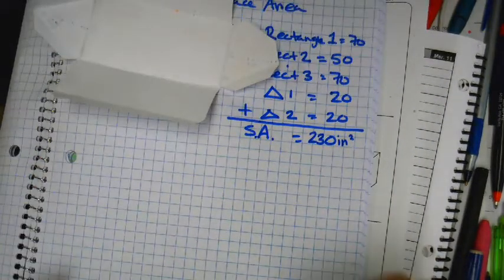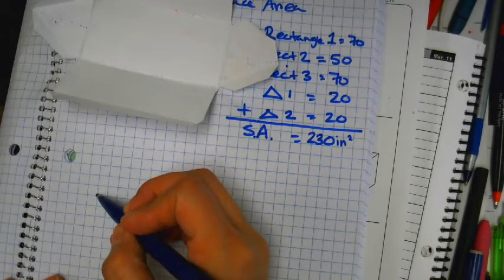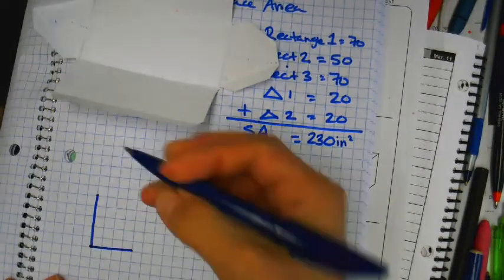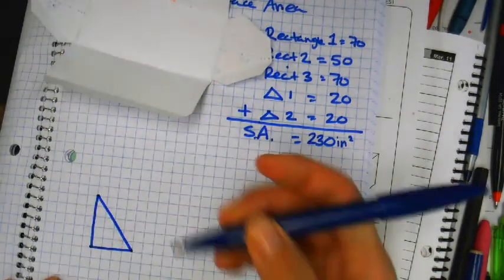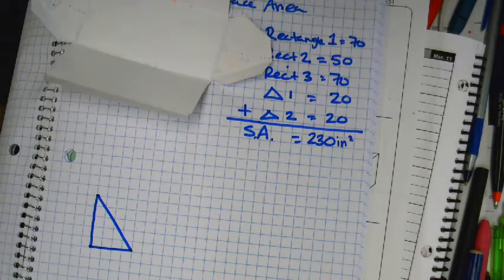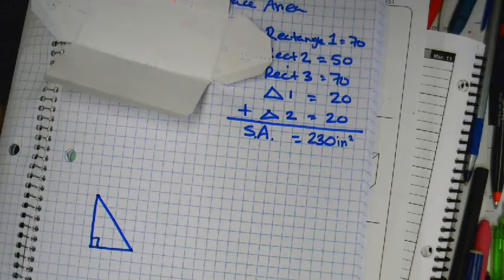Let's see if you can draw a triangular prism. Okay, start with a right triangle. This is a right triangle because it has a 90-degree angle.